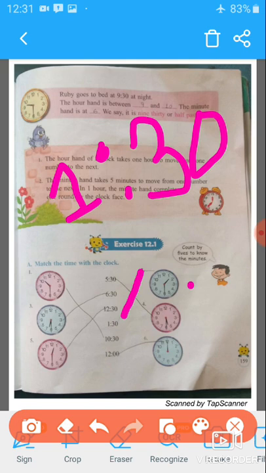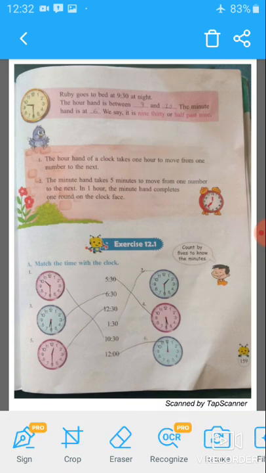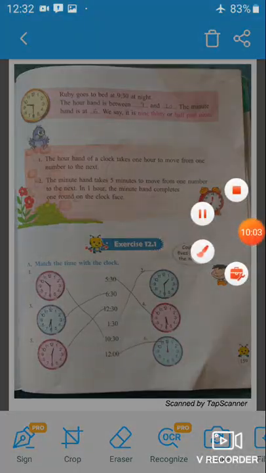Next will be here. The hour hand is between 6 and 7 and the minute hand is at 6.